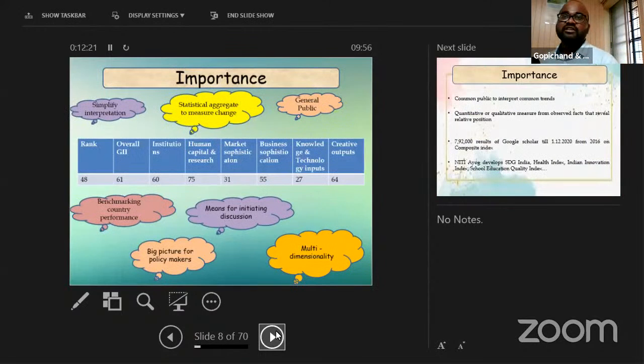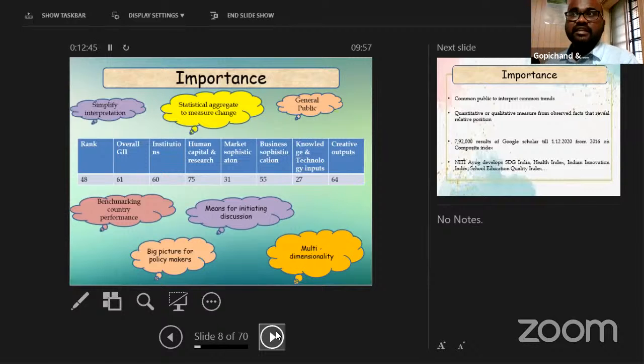Coming to the importance of this index, it gives simplified interpretation. By checking the index values, we can know the growth rate and other things. In the case of GDP or the Human Development Index, we simply interpret with a simple number. It aggregates and measures change.